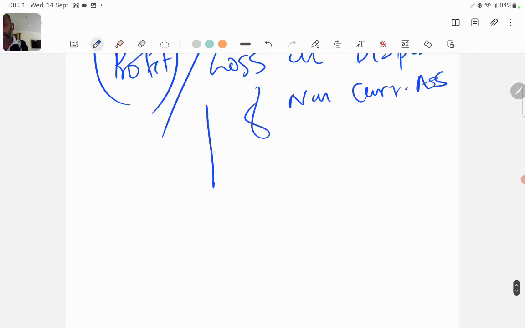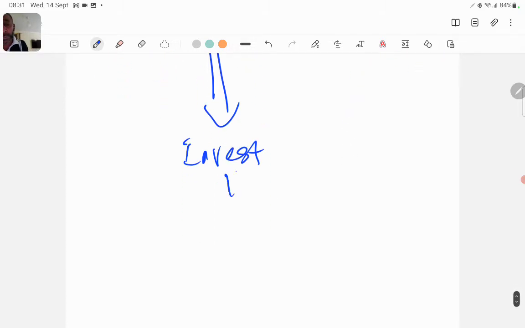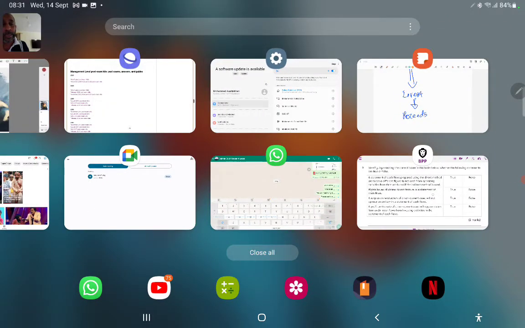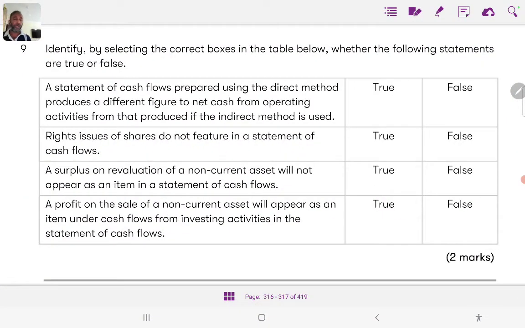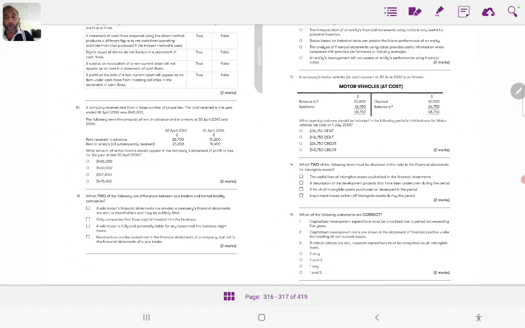However, we will not take this to investing activity. Under investing activity we will take the proceeds from the sale of non-current assets. So that answer is also false. So the only correct answer is the third statement. The first two and the fourth one are wrong.